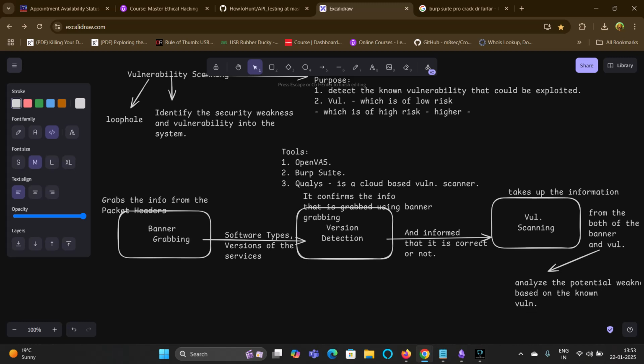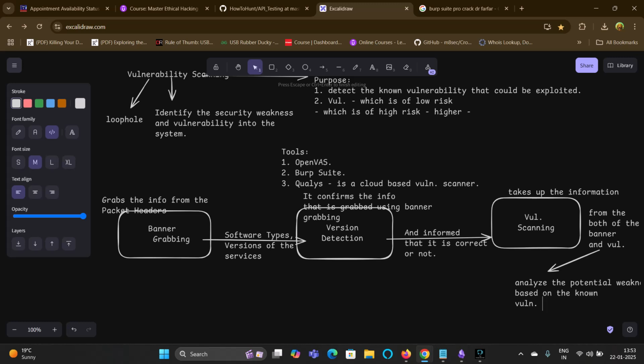So you can see, firstly we grabbed the information using banner grabbing, then we confirmed whether the information was correct or not using version detection. Then we analyzed all the information that we have collected using vulnerability scanning to find known vulnerabilities, whether there is any kind of vulnerability that can be exploited or not.